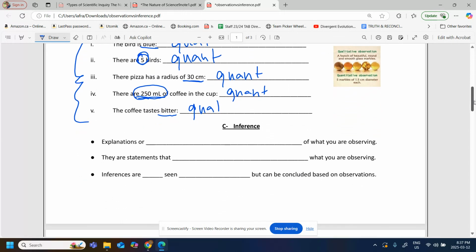And then we get to inferences. So inferences are not exactly observations, but they're more explanations or interpretations of what you're observing.